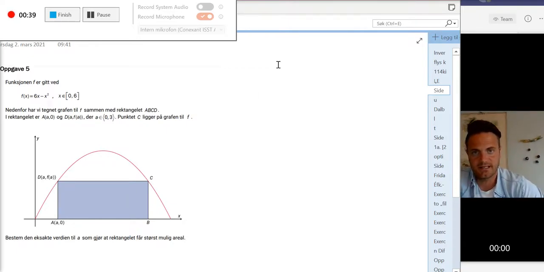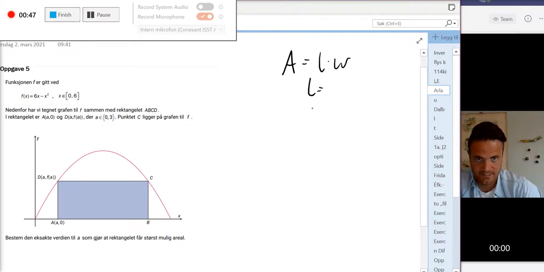So we need to find the area of this rectangle, and the area of a rectangle is length times width, or height, whatever. We need an expression for the length and the height. Let's start with the length here. We need to know which point this is.